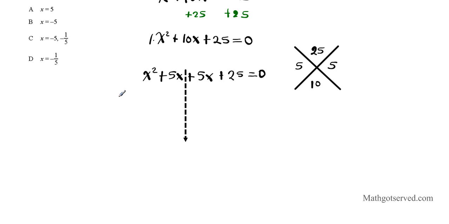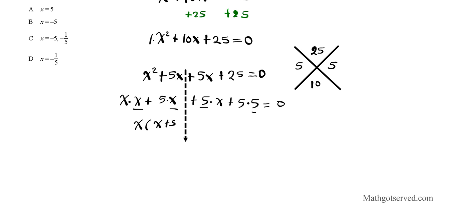The first piece, we have x times x plus 5. The second two, x plus 5 times 5, so 5 times 5. From the first two, we take out x, so we have x times x plus 5. And from the second two, we take out 5. That'll give us 5 times x plus 5.